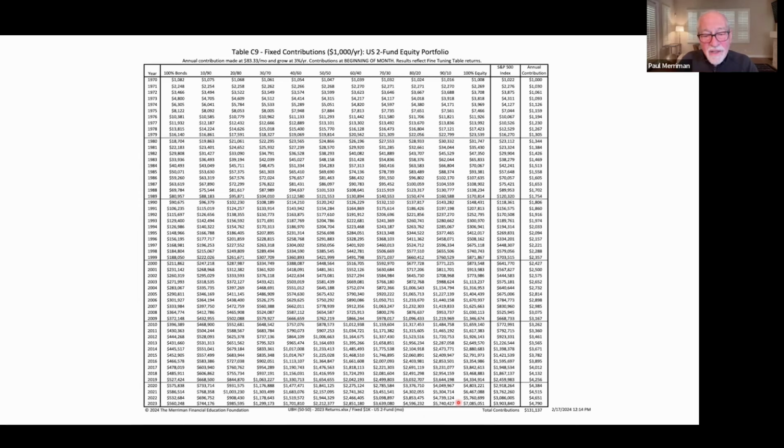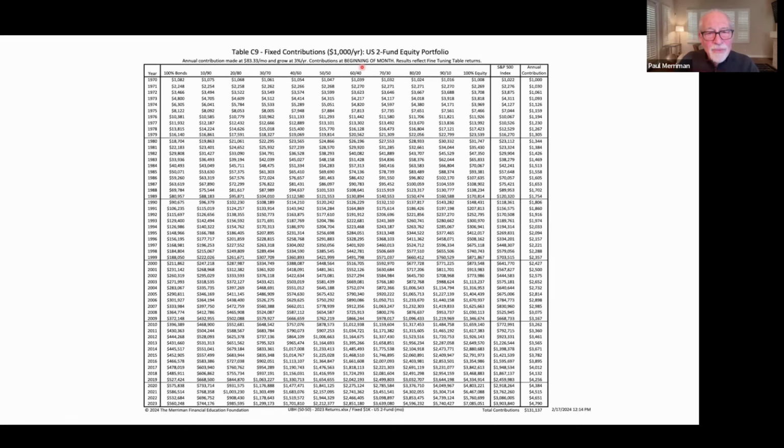Now, that's the all equity. And to the extent that one was conservative from day one, then they might have picked the 60-40 strategy. It has a lot less risk, 60% equity, 40% fixed income.